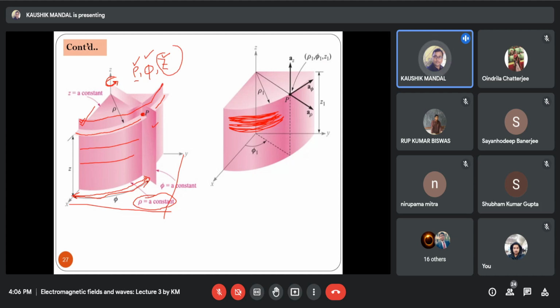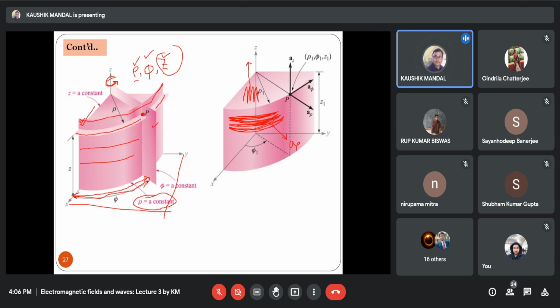So you draw a perpendicular or normal to this surface, and it will represent the arrow. Next, what about the other surface? That is the surface with constant Z, this particular surface. To find the unit vector, you draw a perpendicular on this surface. So that will be a z.